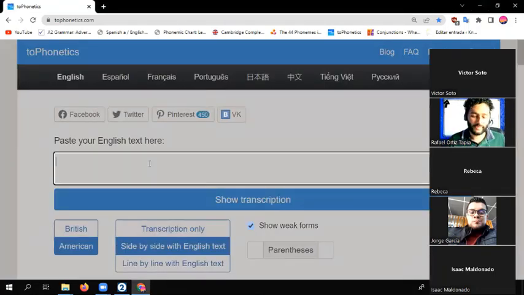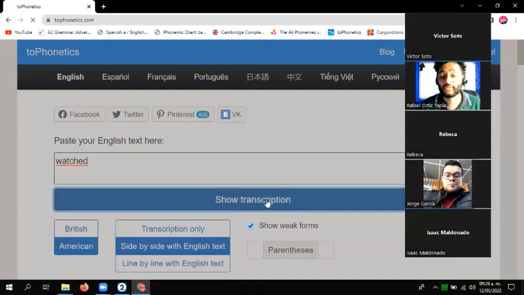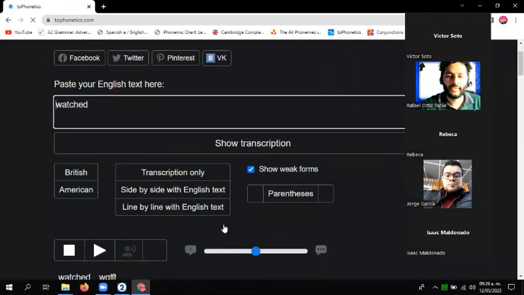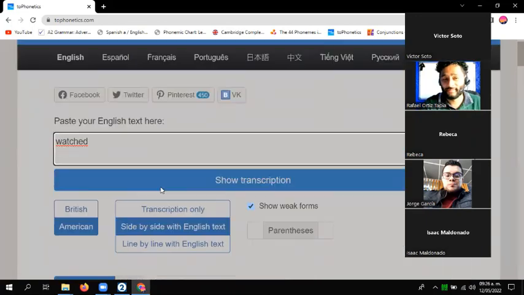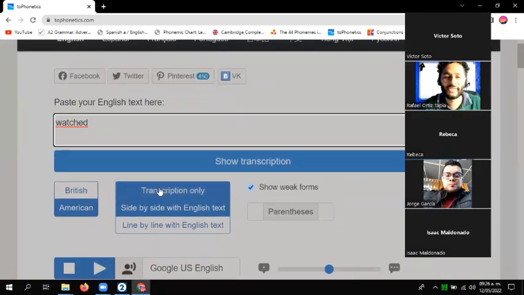So for example, you can write the word here, and then you put it in show transcription. And then, did you hear? You have a T right here. A T, watched. Why a T? Because you have this phoneme.